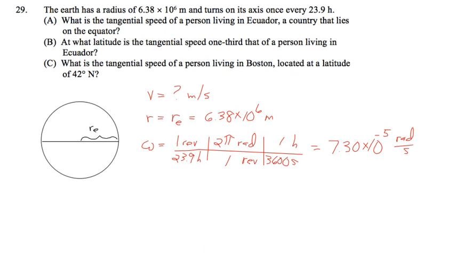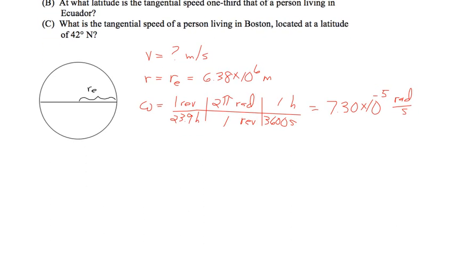So I have all the numbers that I need. Plug it into the formula. V equals r omega. It doesn't have to be rearranged because v is what we're looking for. So we're going to put in 6.38 times 10 to the 6th meters, and we're going to multiply that by 7.30 times 10 to the -5th radians per second.